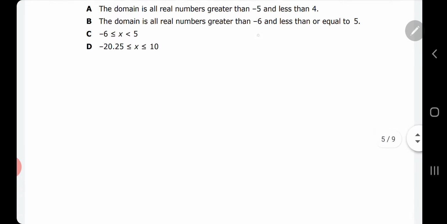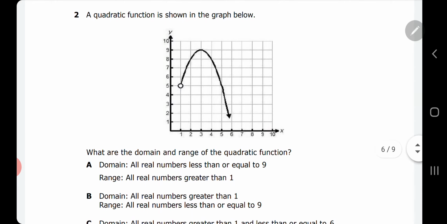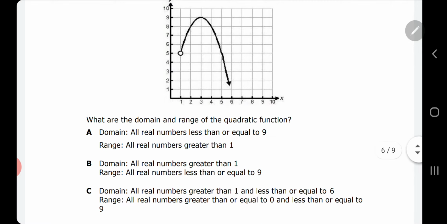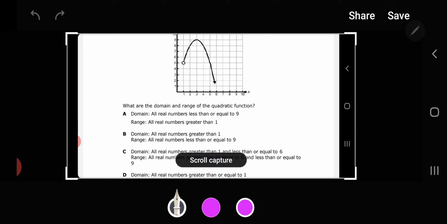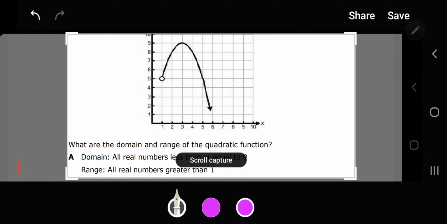Okay. Next one. A quadratic function is shown in the graph. What are the domain and range of the quadratic function? Okay. Once again, to find the domain, we go as left as we can go, which is right here.